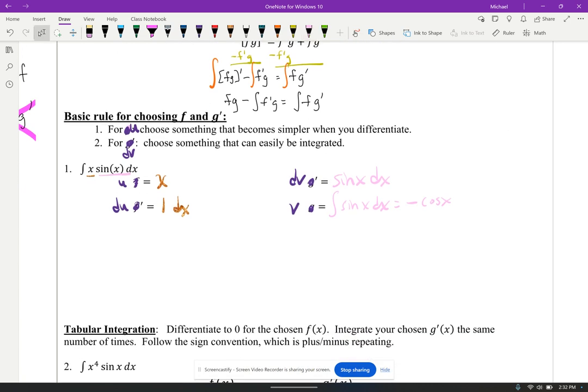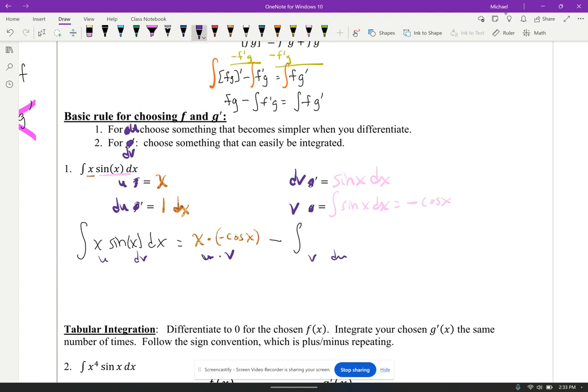So now that I have this, the formula says if I want to find the antiderivative of x times sine x dx, which by the way is u times dv, this is u, and this part is dv, then that equals u times v, so that would be x times negative cosine of x, minus the integral of v du.